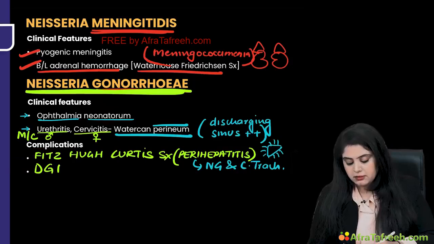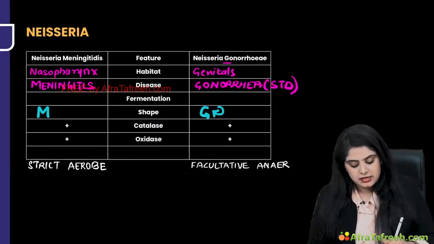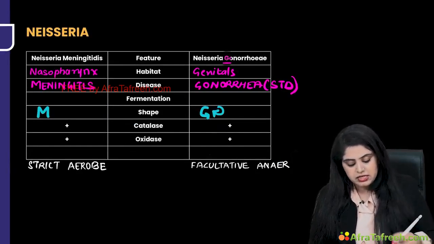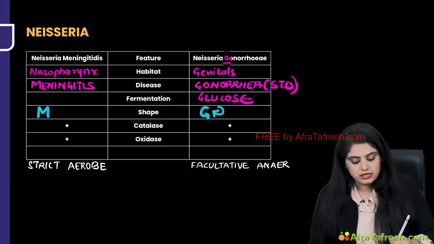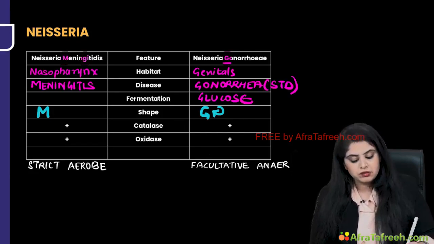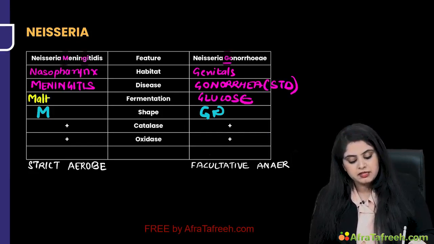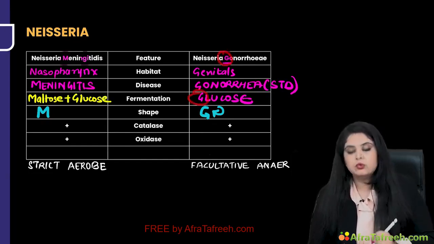Now coming back to the table, I've told you the diseases. Now let's talk about the fermentation. Gonorrhea only has G in it, so the fermentation is going to be for glucose. Whereas meningitidis has G, so fermentation of glucose is there too, but M also, this means maltose. So remember, there is a maltose plus glucose fermentation in meningococcus, whereas in gonococcus there is only glucose fermentation.